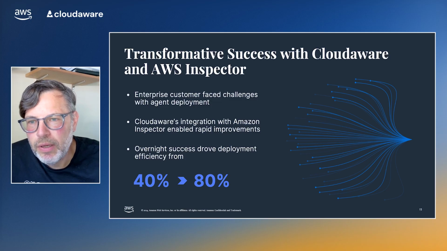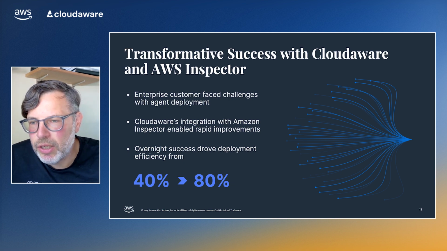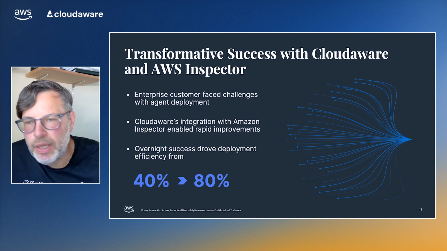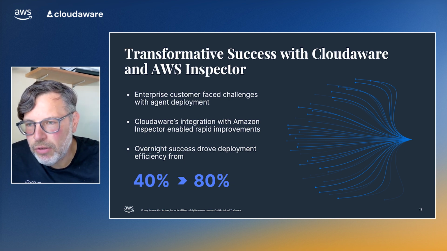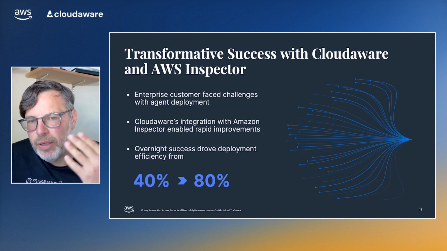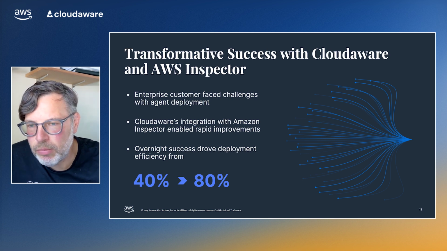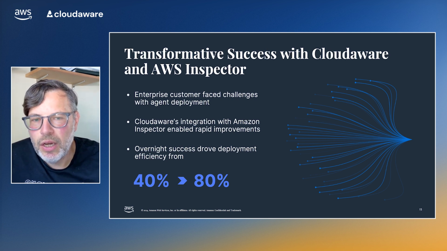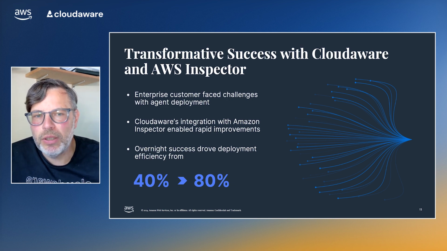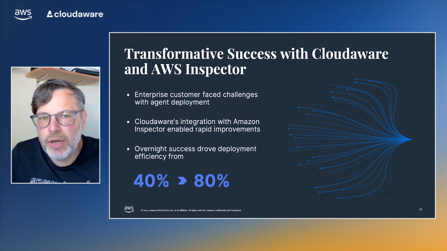Just to recap, what Cloudaware and AWS Inspector are able to help us achieve is to expedite the coverage for our vulnerability scanning, whether it's accelerating the agent deployment or enabling AWS Inspector across multiple AWS organizations. Getting the coverage increased is not something that should take us forever.